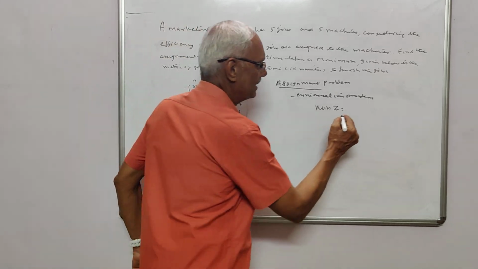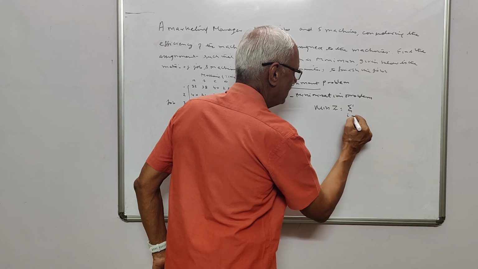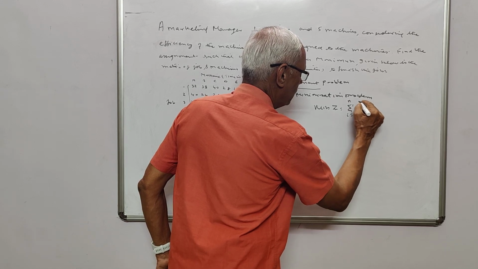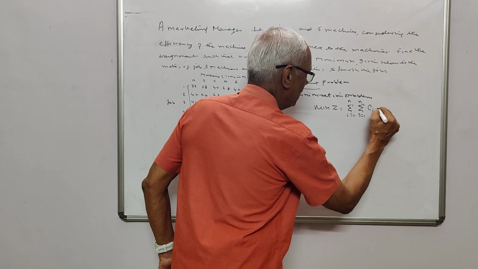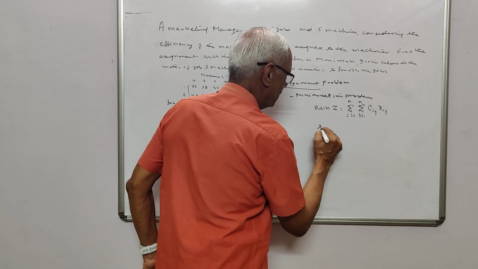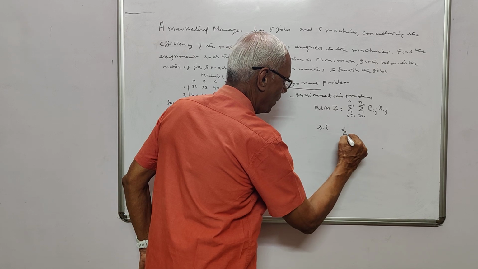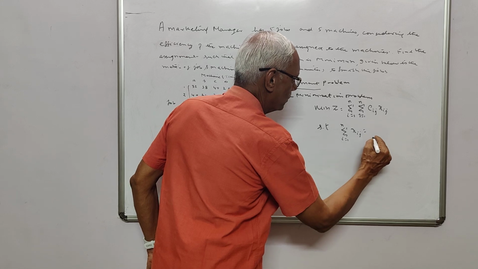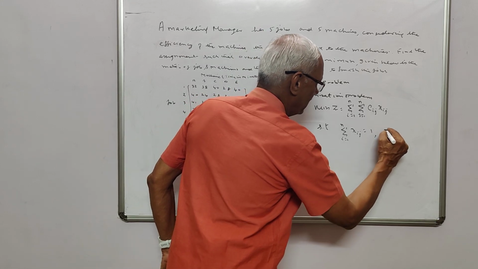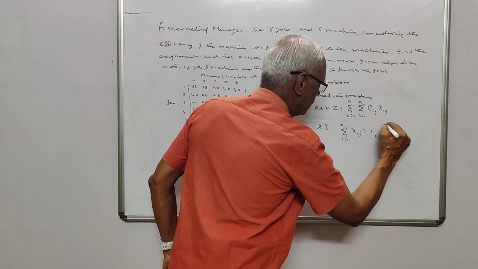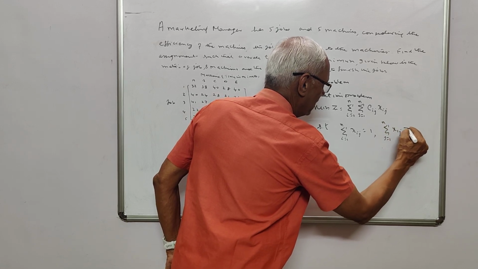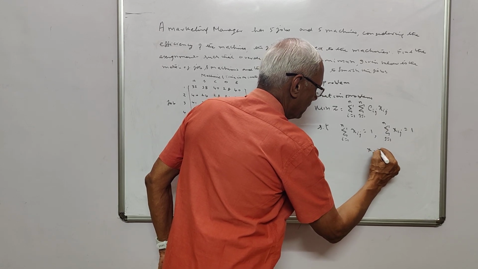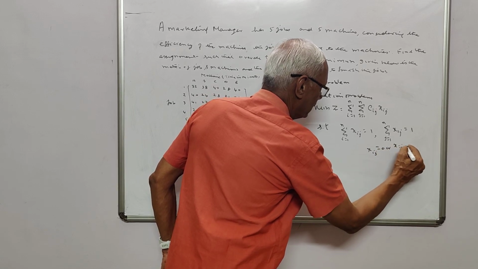So this is given as: minimize z equals sigma i equals 1 to n, sigma j equals 1 to n, Cij Xij, subject to sigma of i equals 1 to n, Xij equals 1, and sigma of j equals 1 to n, Xij equals 1, and Xij equals 0 or Xij equals 1.